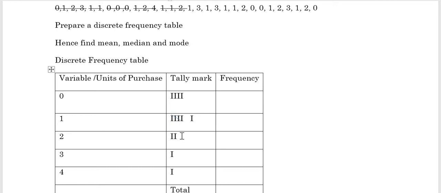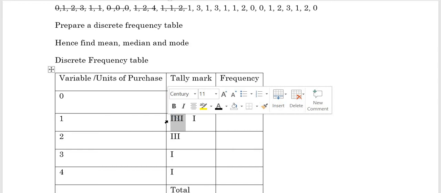So the 1 is given a tally and 2 is given the next tally. One point that we need to remember is that when you are giving the sixth tally mark, leave enough space from the previous group, because a group can be read at one look as 5. We don't have to count how many numbers are there. So leave some space from this block and give the sixth tally.